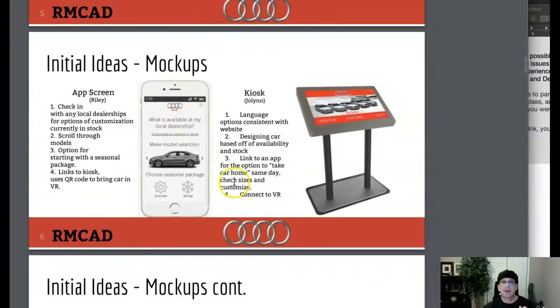Initial ideas, mockups. I talked about this in the last one. This has some really strange formatting here, guys. They're not consistent. They're not lined up either. So Riley is lined up. I would get these gridded out so that they're really readable and also formatted consistently.